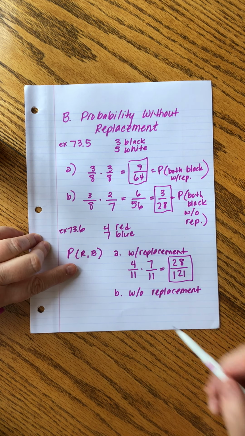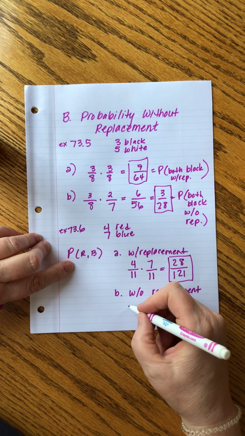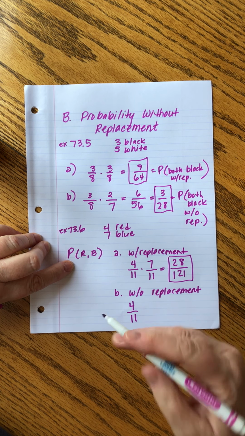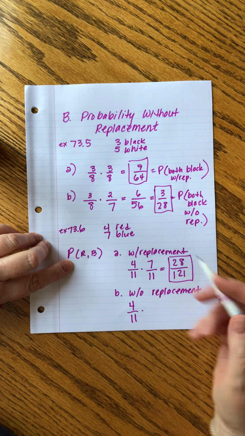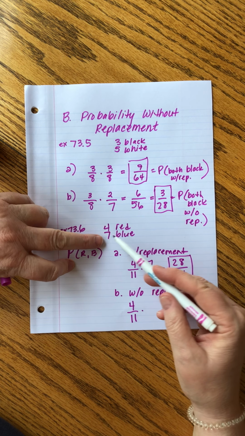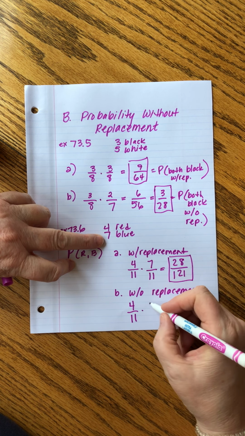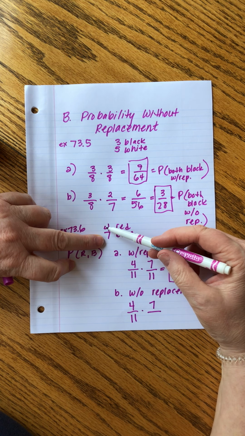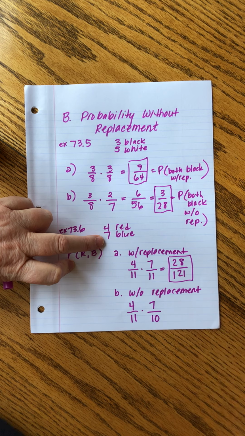All right? Now, what happens if we draw the red marble, 4 out of 11, but this time we throw the red marble down the hall. When we go to draw we still have 7 blue ones in the urn, but we threw one of the red ones down the hall. This changes to 3, so this changes to 10.